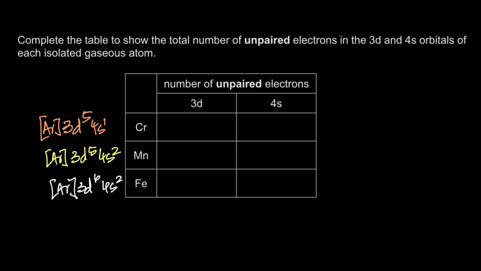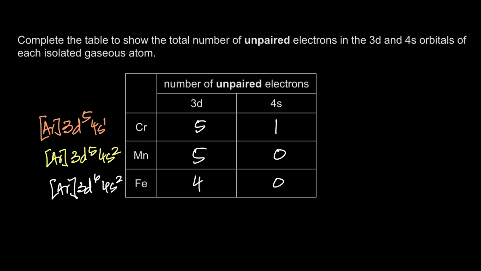So chromium has all 5 in the d orbital unpaired, and even its 4s is unpaired. In manganese, the 4s electrons are paired, so 0 unpaired, but the 5 in the 3d orbitals are unpaired. In iron, it's 4s2 3d6, so the 4s are paired, so 0, and of the 6 electrons in the 3d, 2 of them are paired, so it's 4 which are unpaired.